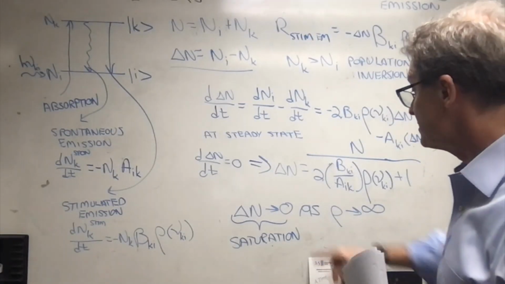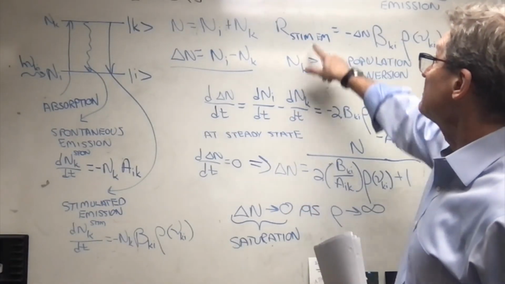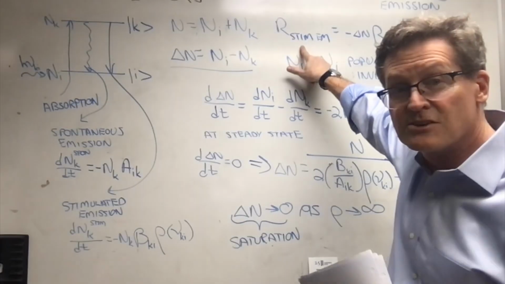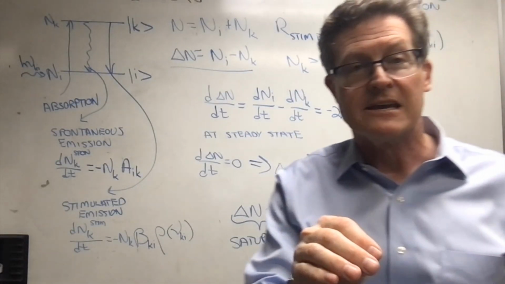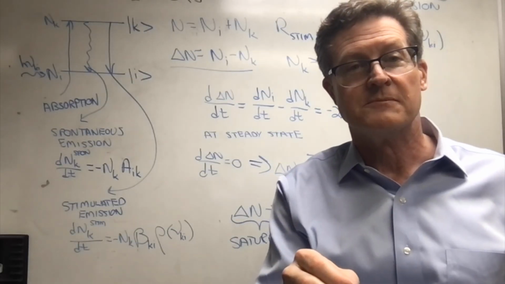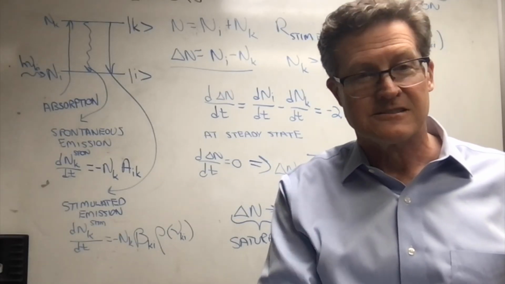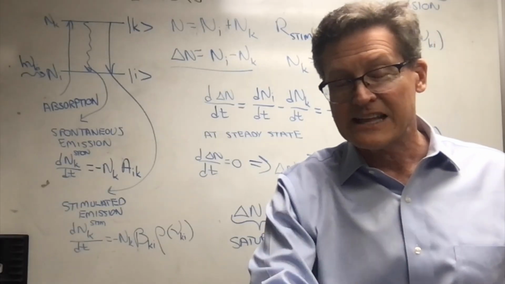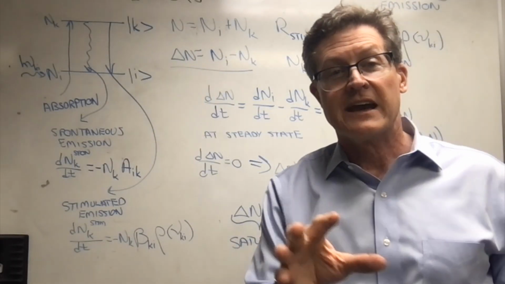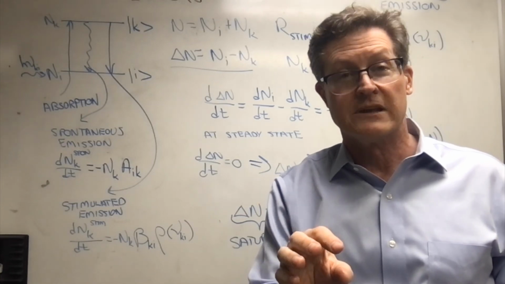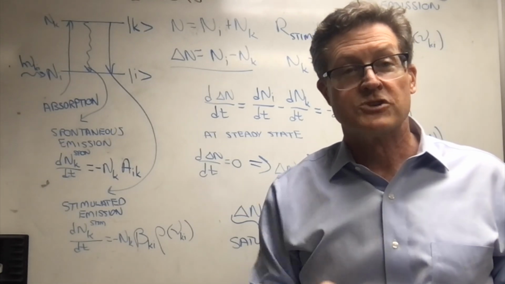And at saturation, delta n is 0. If delta n is 0, then the net rate of stimulated emission is 0. We can never make a two-level system lase. A two-level system will never do it, so we're going to have to go to a 3-level or a 4-level system to do that. We'll show you a couple of examples.